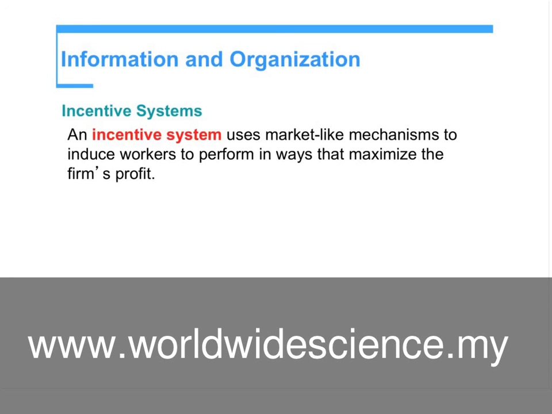In that incentive system, there is not necessarily any hierarchy. There's not necessarily upward or downward movement. It's based on the incentive, and the workers will work different roles just to maximize the firm's profit.